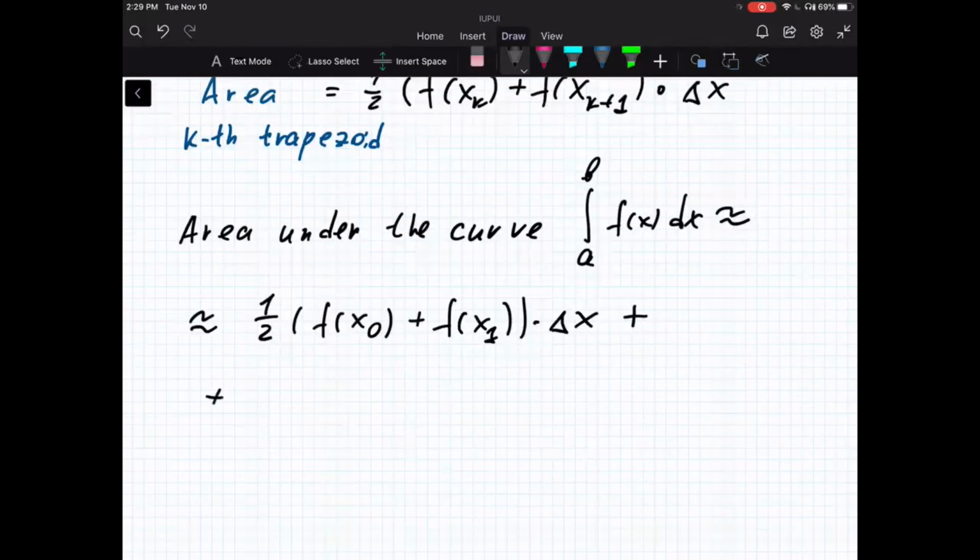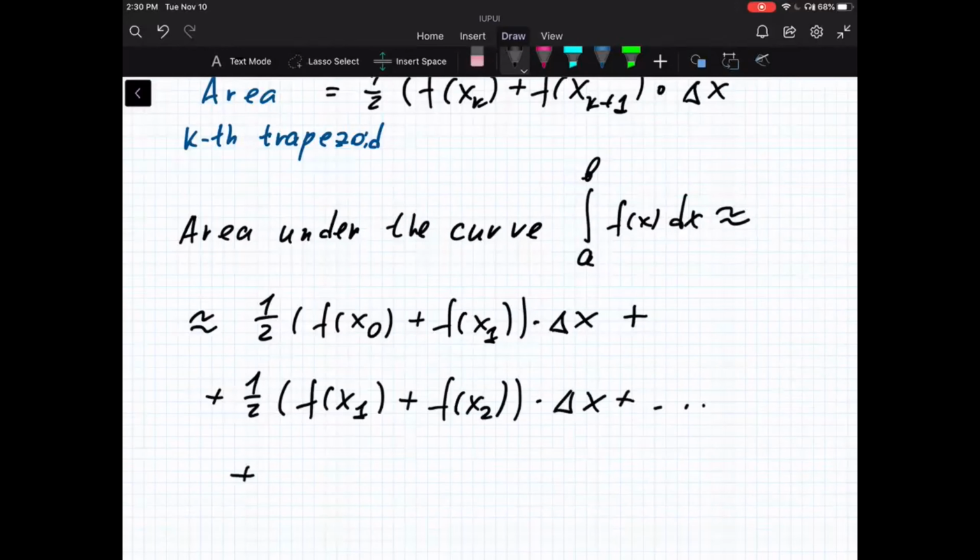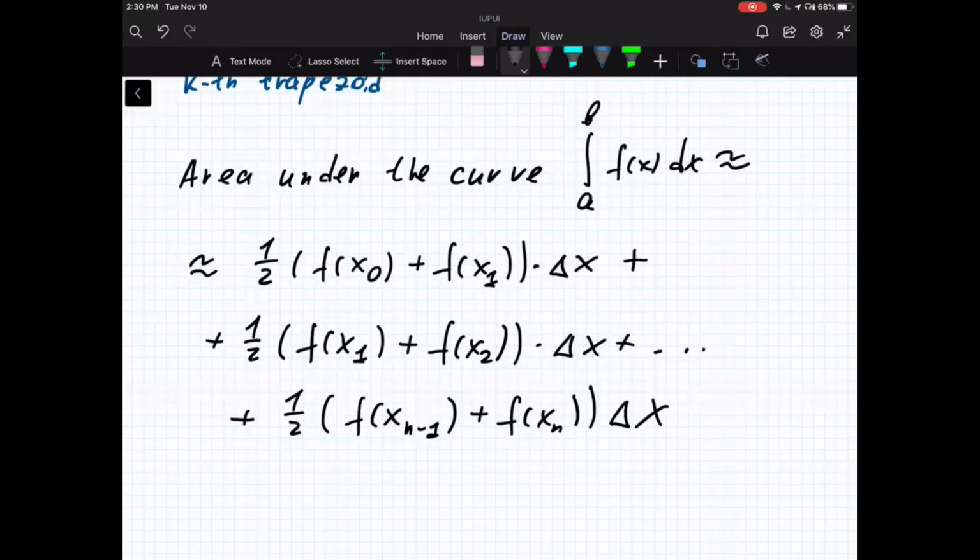Then I have my second trapezoid, which is 1/2 f of x1 plus f of x2 times delta x, plus so on. And the last one will be 1/2 f of x n minus 1 plus f of x n times delta x. And I see that I can combine some terms.